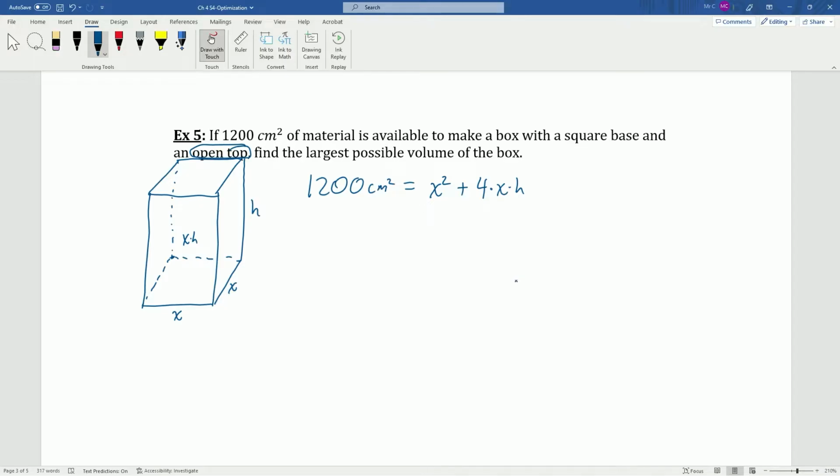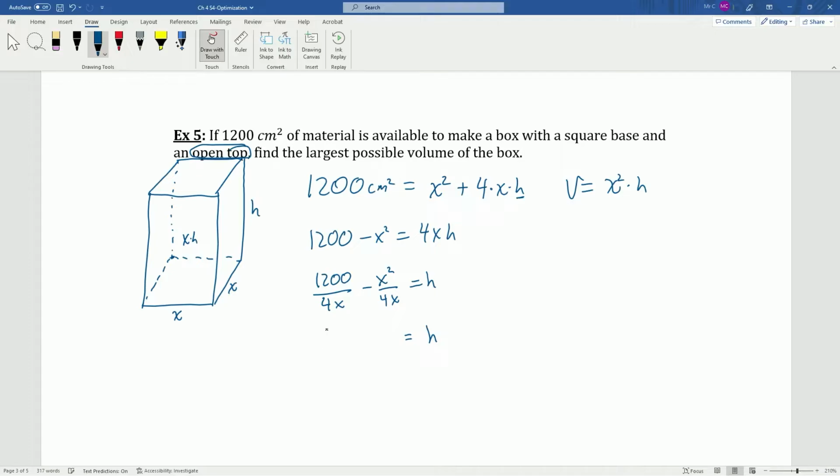And now we want to make the largest possible volume, but the volume is the area of the base times the height. So when I look at this, I look at my constraint. I want to substitute h into here, so I have a function of just x. So we get 1200 minus x squared equals 4xh. So 1200 over 4x minus x squared over 4x equals h.